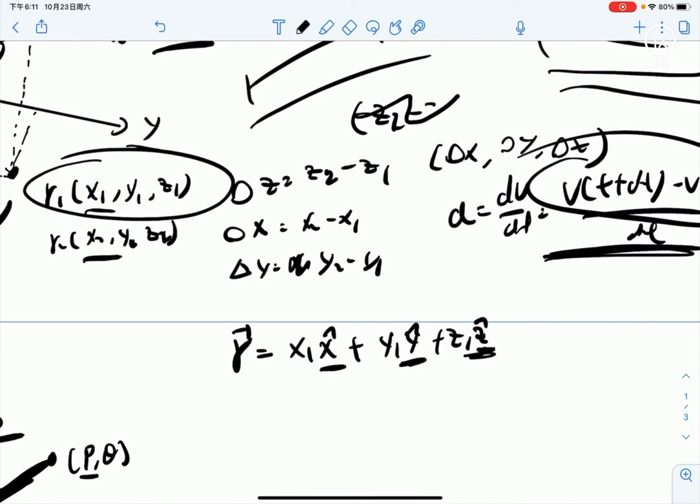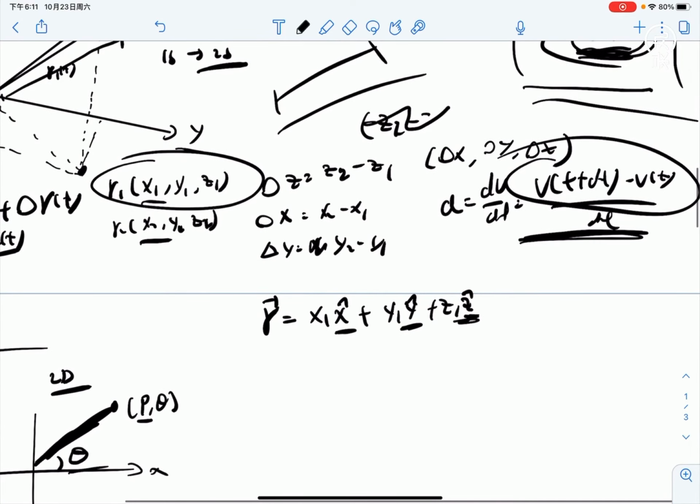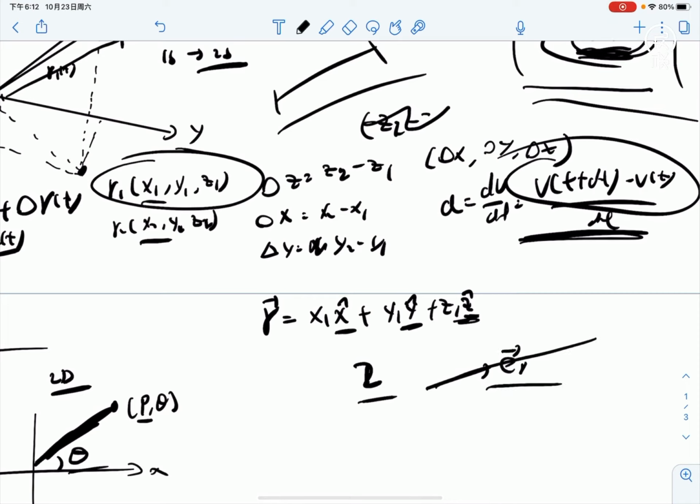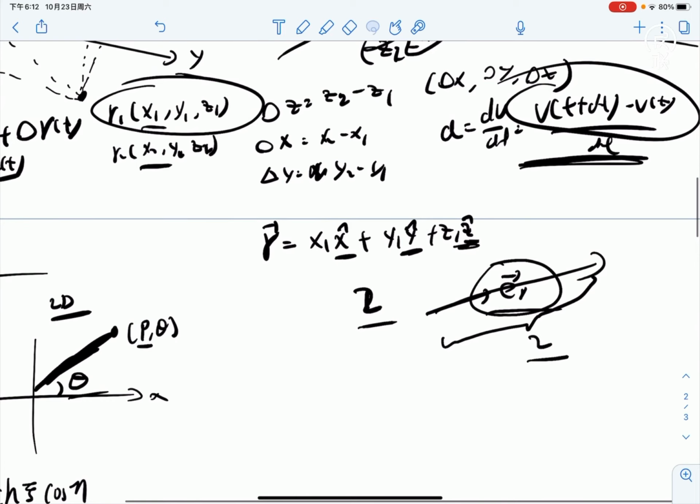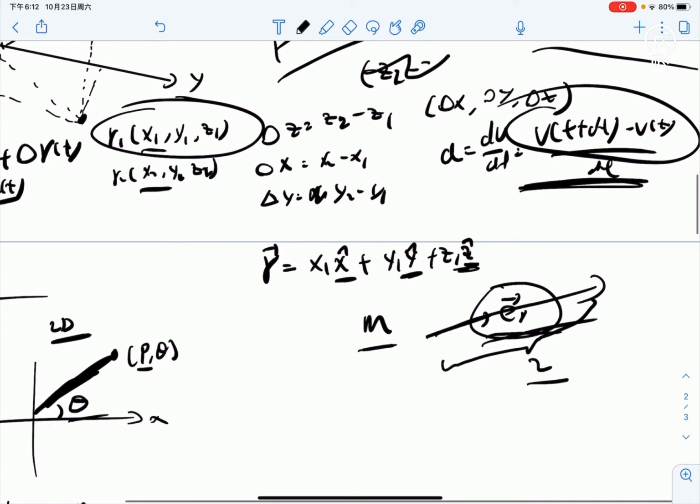What I mean by unit vector is that if you have a number over here, like 2, and you multiply it by the direction ER, the vector has length of 2 and the direction of ER. Or if you have a number m and multiply it by the unit vector, it has a magnitude of m and the direction of ER.